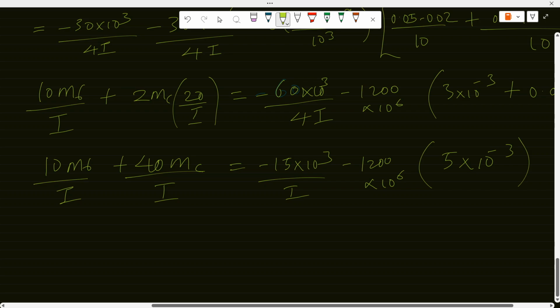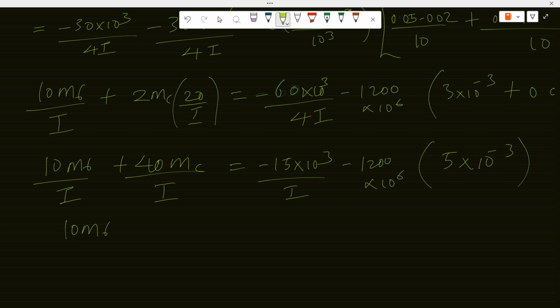Now we're having 10 MB over I plus 40 MC over I equals minus 15 times 10 raised to power 3 over I minus 6 times 10 raised to power 3.